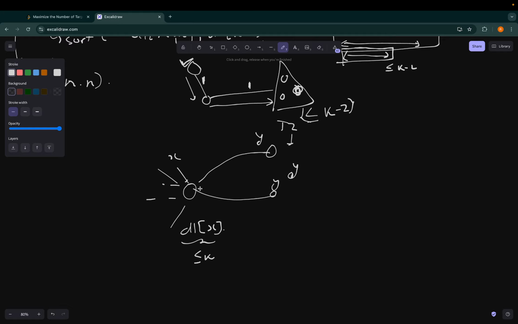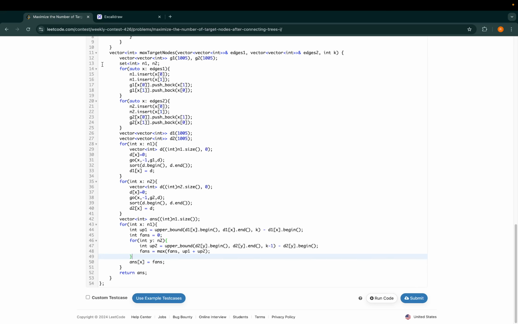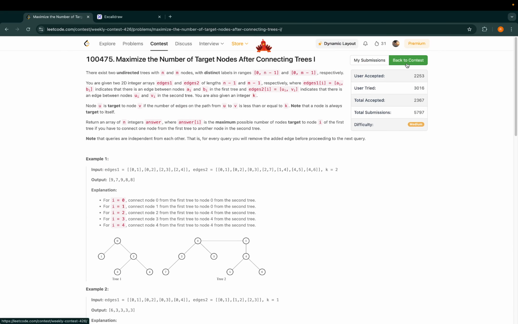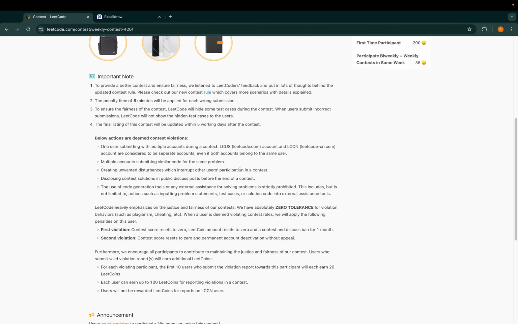So I just brute force over all of them, and I'll say that if my tree is rooted at y, then how many of these nodes in d2 of y are at distance k minus 1. So that's what I'm doing here, just brute forcing, and then I add up1 to up2 and insert the answer here. Yeah, so that's problem 2. It was kind of a tricky problem, but it was good.